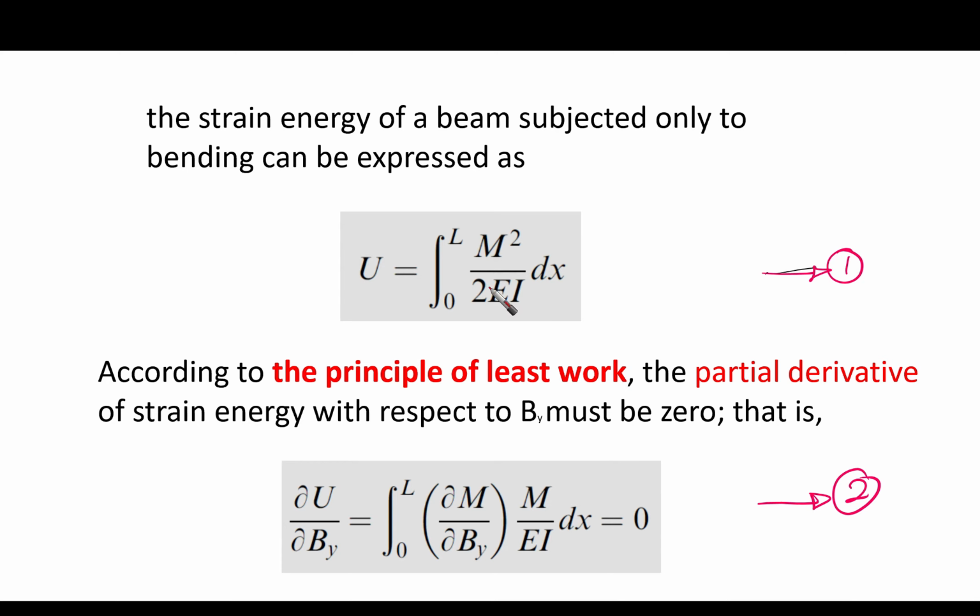What is the second step? Yes, we apply the principle of least work. According to the principle of least work, the partial derivative of strain energy with respect to BY, our redundant, must be 0, as we explained in the previous slides.